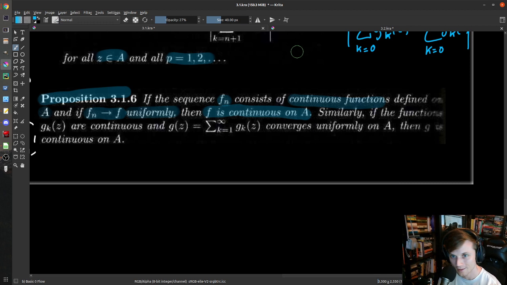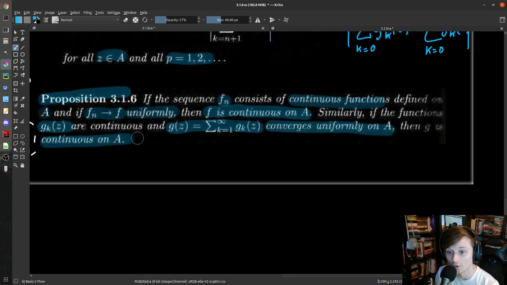So second part of the proposition: if the functions g_k of z are continuous and g of z is equal to the value of the series of these g_k's, that is the sum from k equals 1 to infinity of g_k of z, which exists if the sequence of partial sums converges, but in what form? If it converges uniformly on A, then g is also continuous on A. Okay, so this says it's exactly the same as the beginning part, just that the uniform limit of continuous functions is continuous.